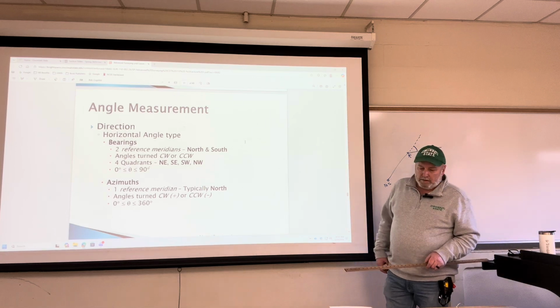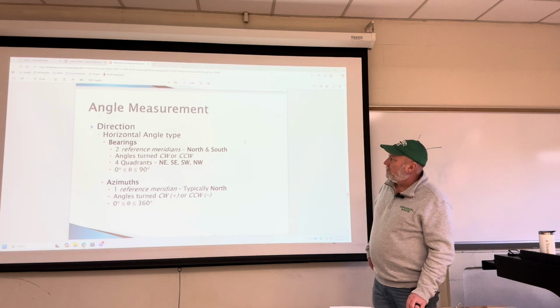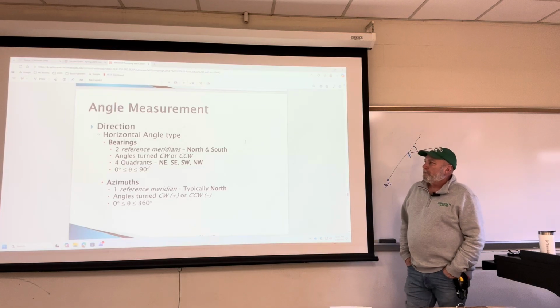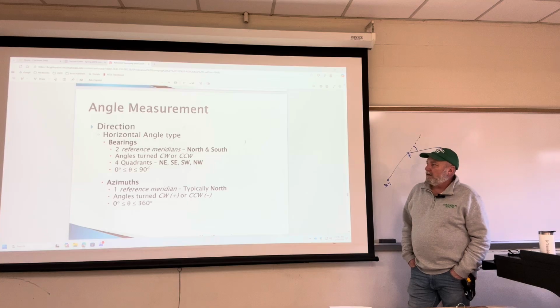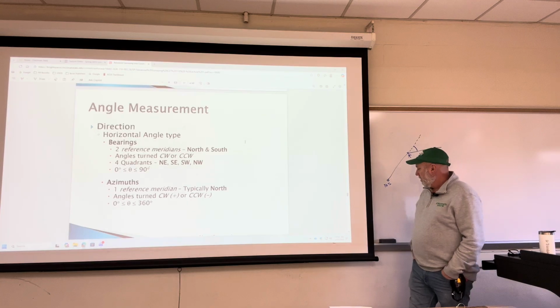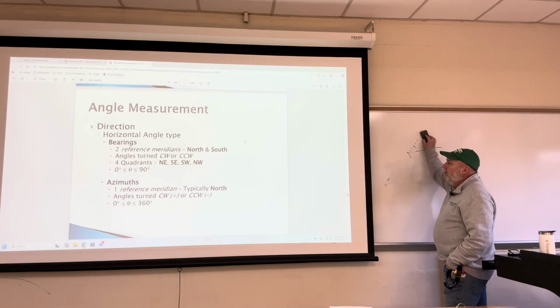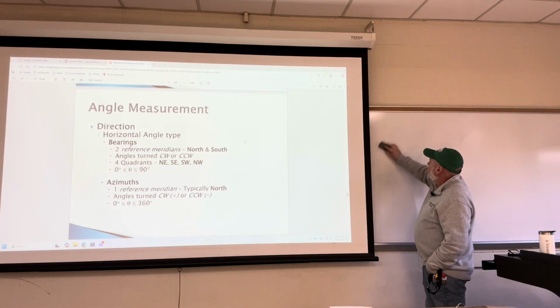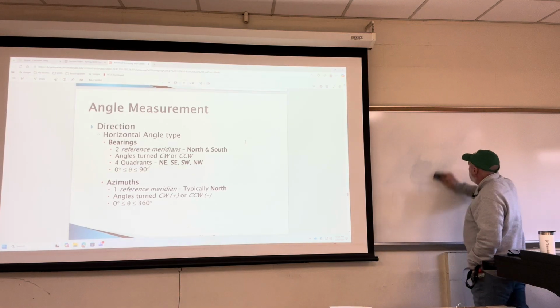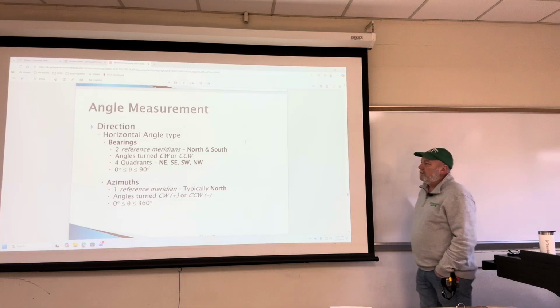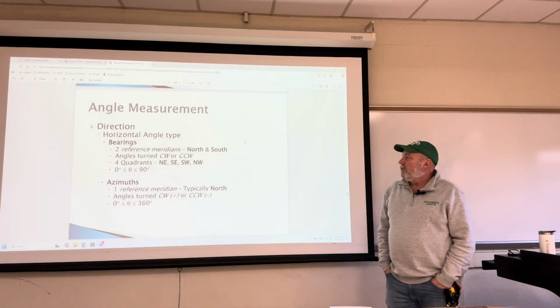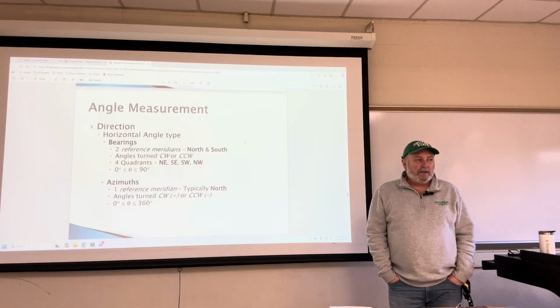So when we talk about horizontal angles and measurements, we're talking about direction. I always seem to kind of jump a touch ahead of myself here. One of the major methods of labeling direction that you will see on plans, on survey plats, read in deeds, will be referencing bearings.